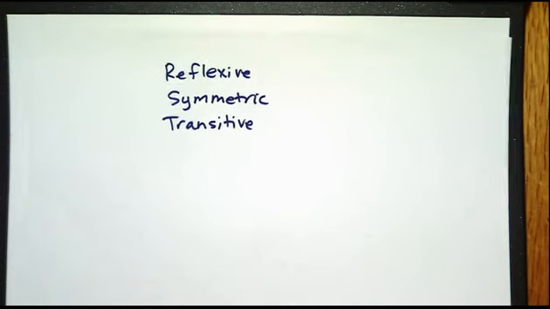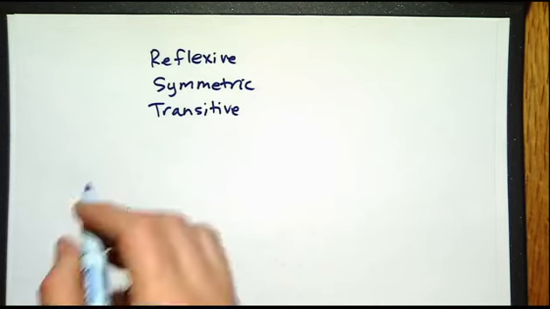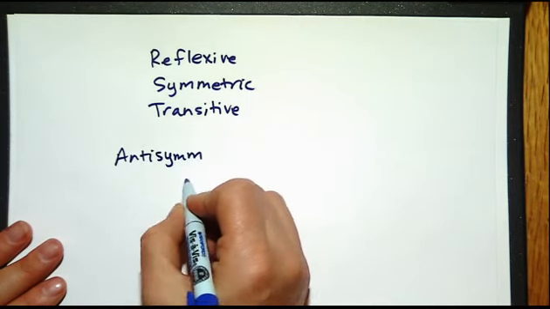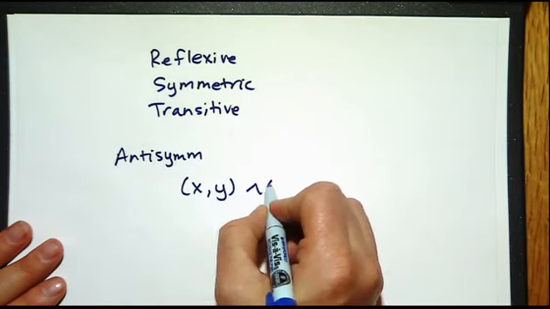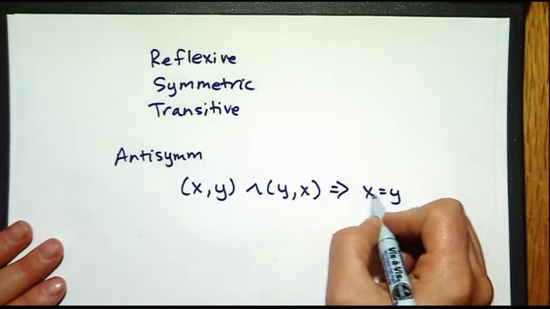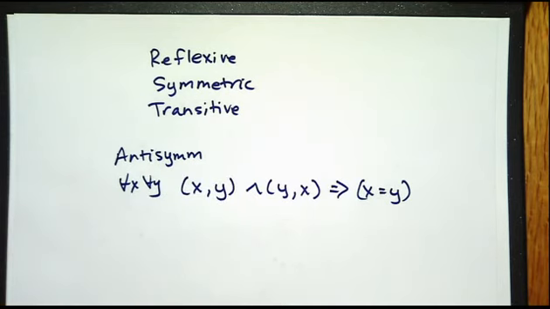The reason is because if I wanted to do the antisymmetric closure, I would have a problem, because usually something is antisymmetric. Remember that antisymmetric says that in your relation, for all x and for all y, if I have xy in the relation and yx in the relation, then that means x and y have to be the same.